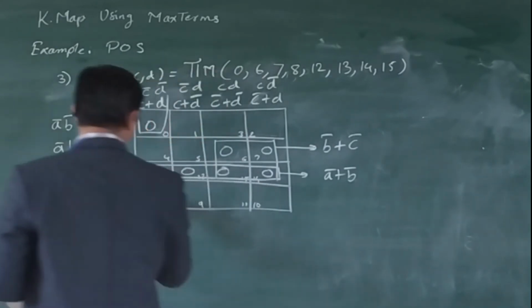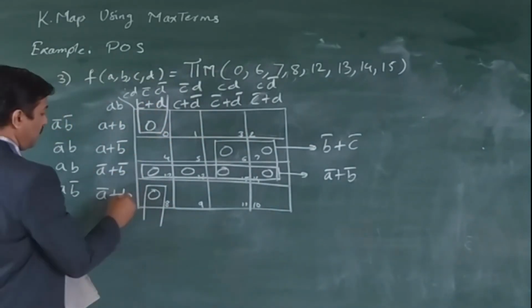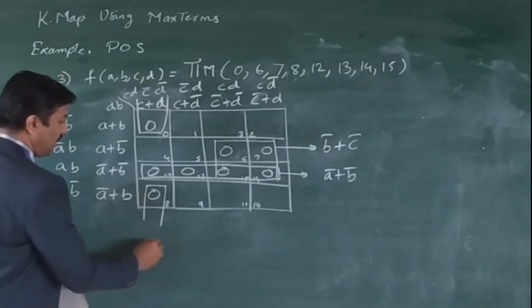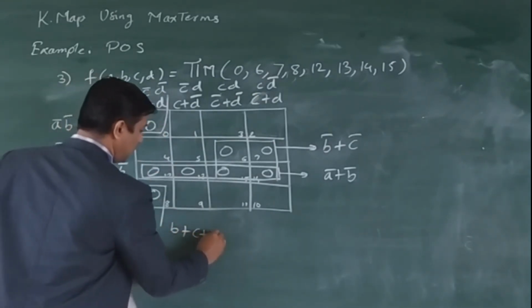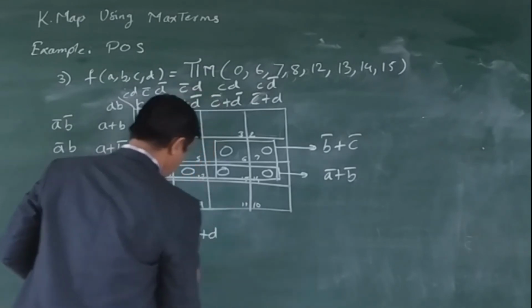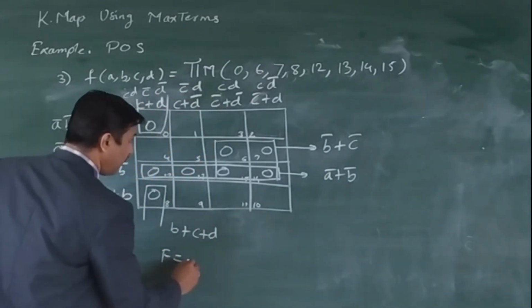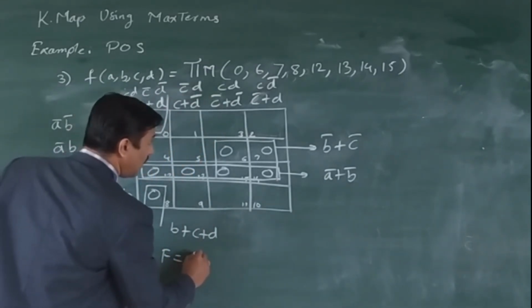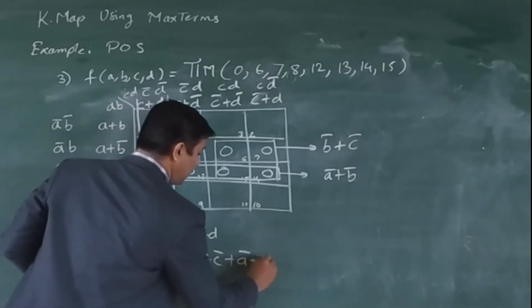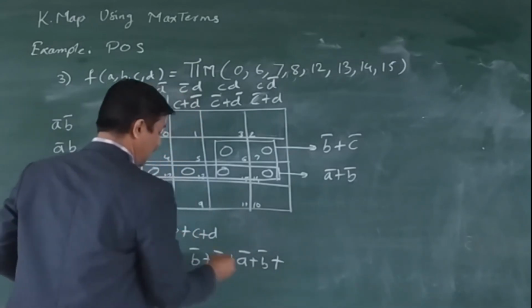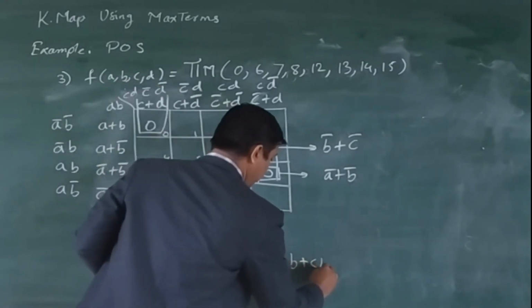And then for these two zeros, what is the common term? B plus C plus D. So the final term F is going to be B bar plus C bar, plus A bar plus B bar, plus B plus C plus D.